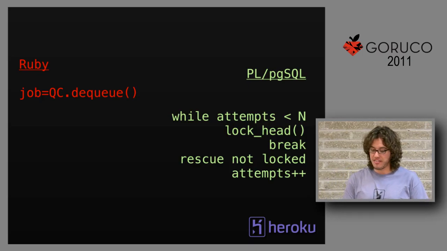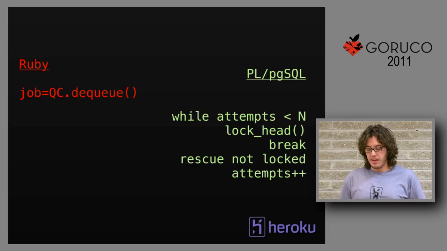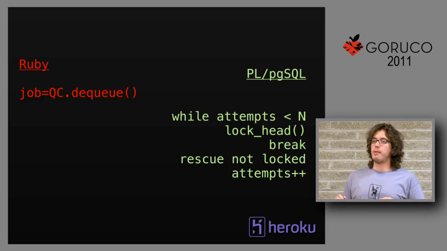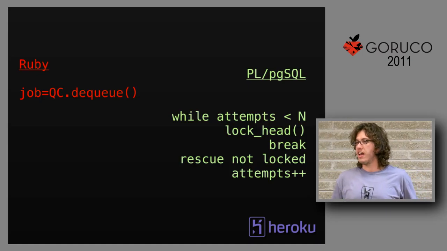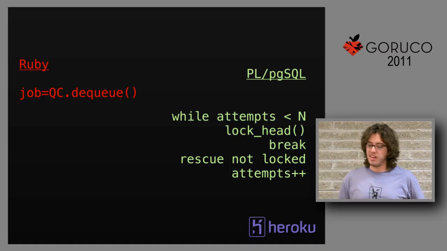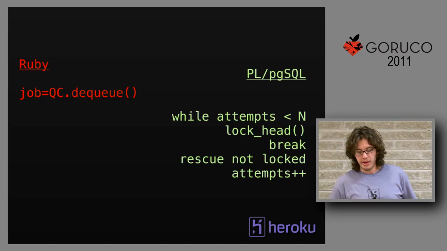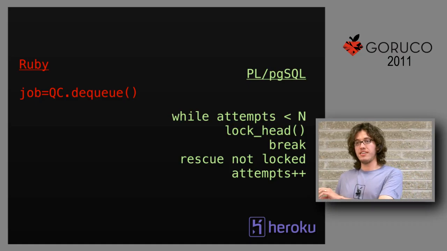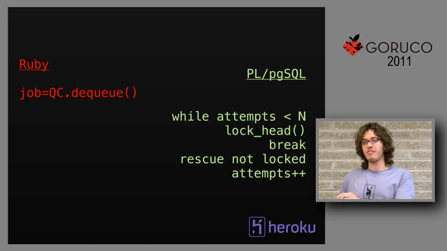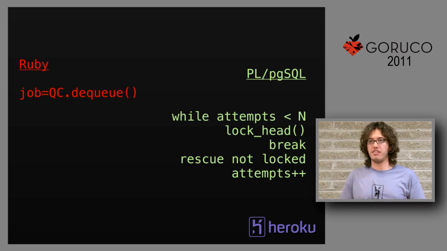Then on my Postgres box, I say while attempts are less than n. Let me back up a bit. This chunk of code is another concurrent programming trick, and it's called a spin lock. It's another wonderful term to Google. Basically, we have a resource that is locked, and we're going to spin a few times until the lock is free for us to take.